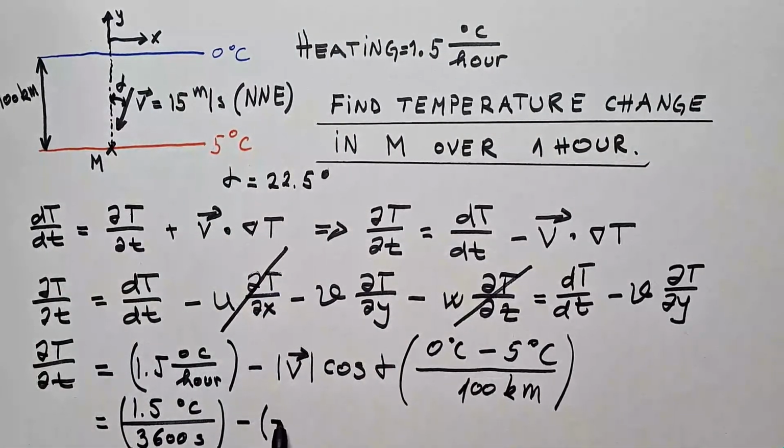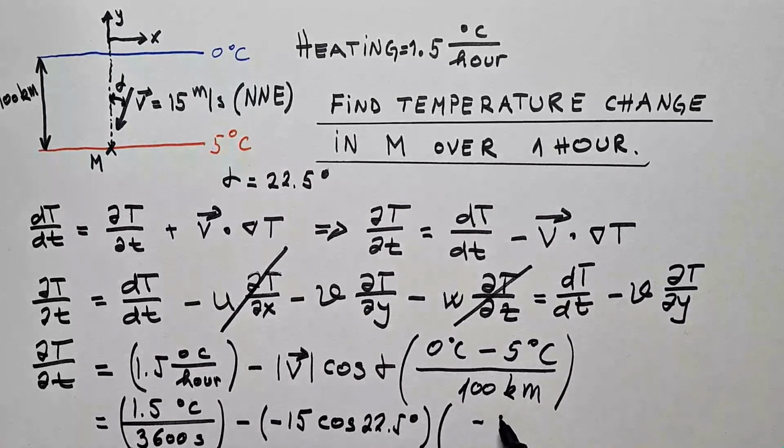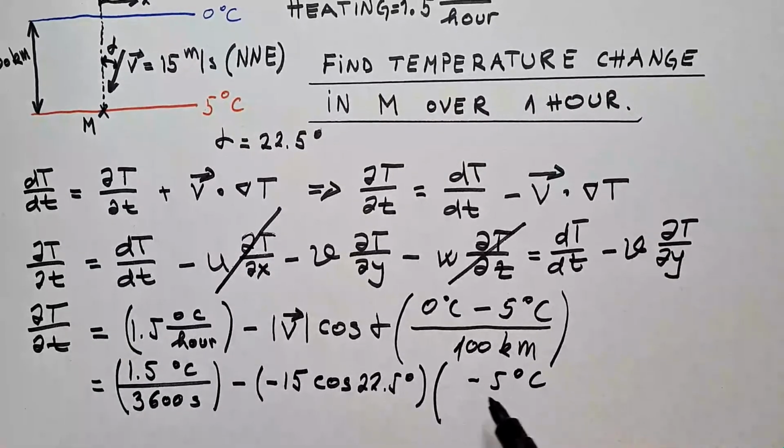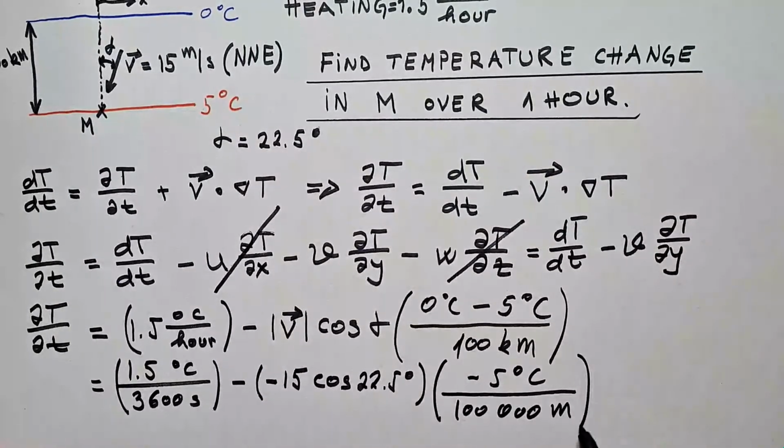So here I will have minus 15 times cosine of 22.5 degrees times 0 minus 5, which is minus 5 degrees Celsius, divided by 100 kilometers, which is 100,000 meters.